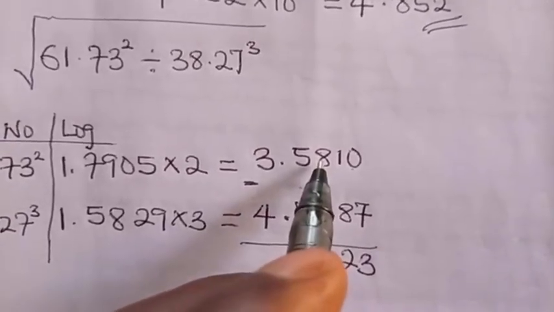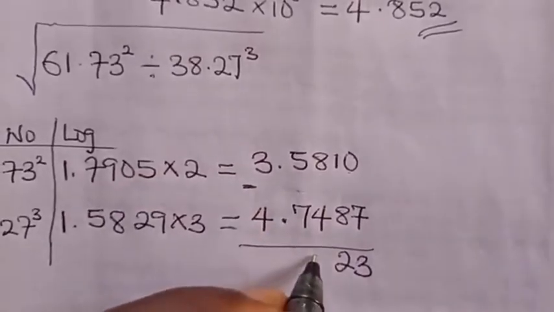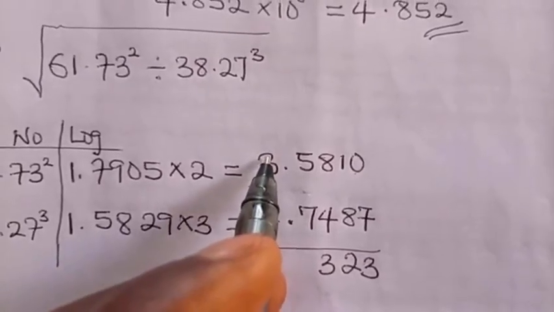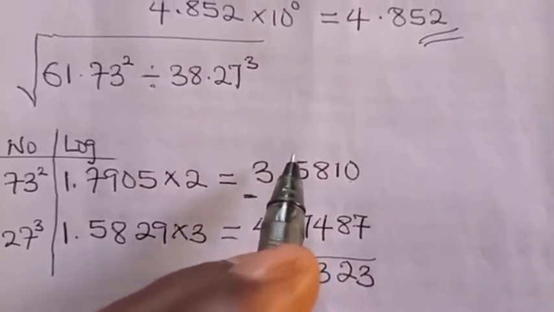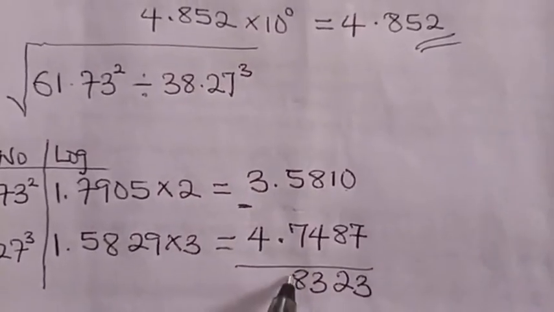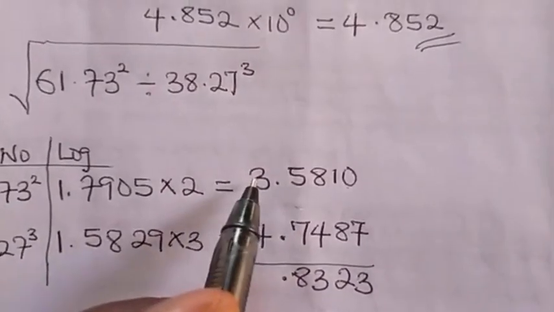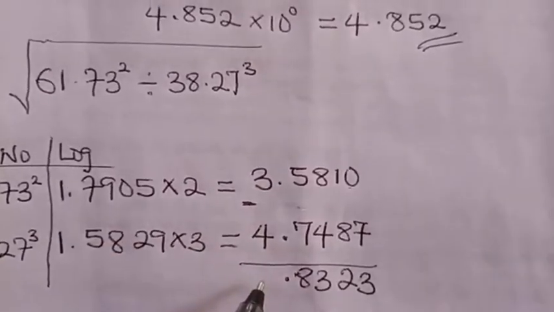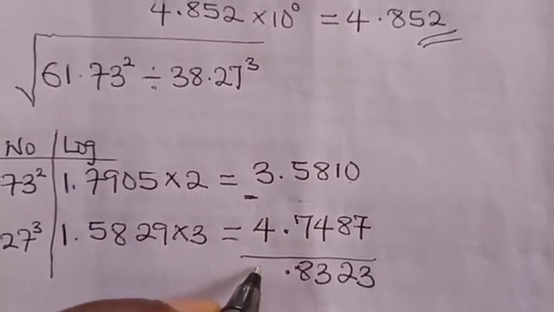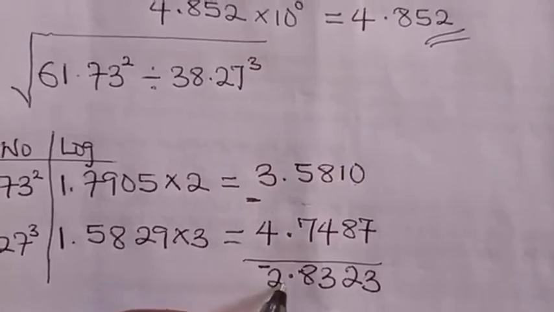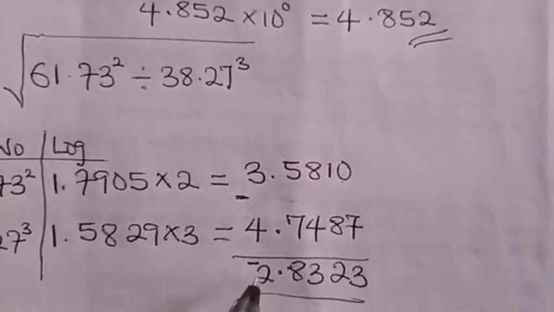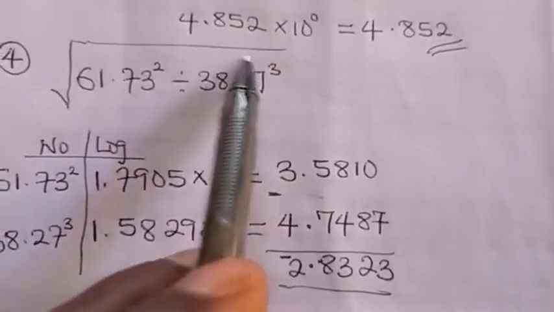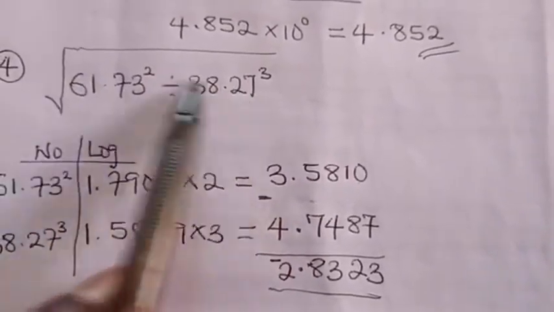We had 7 left here. 7 minus 4, we have 3. 5 minus 7 is not possible, so we take 1 from this integral part, making it 15. 15 minus 7, we have 8. Here we have 2 left. 2 minus 4, that gives us minus 2. And in logarithm, that minus 2 is written as bar 2. So what we have here is bar 2.8323. At this point, we'll now proceed to applying the root sign here.